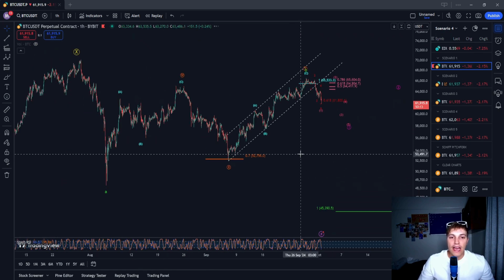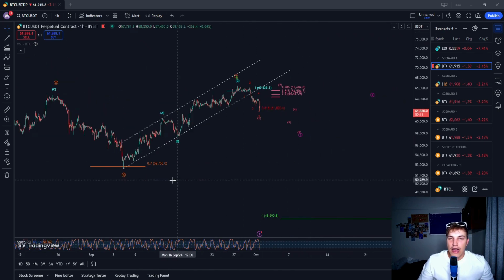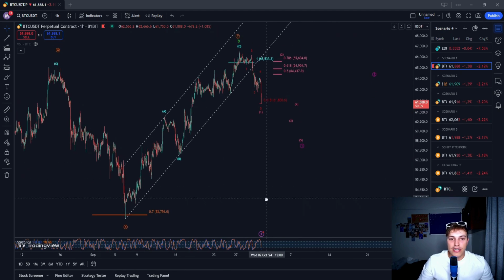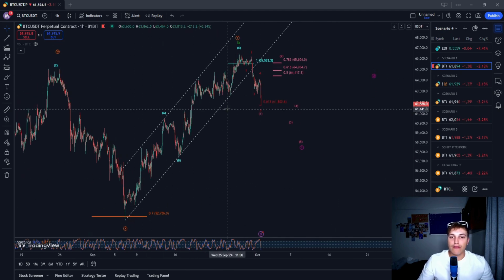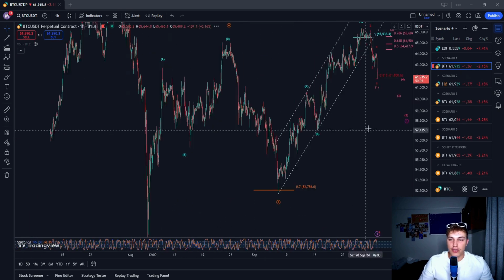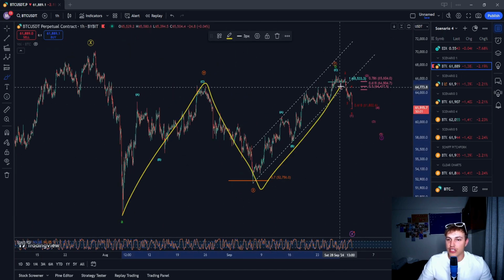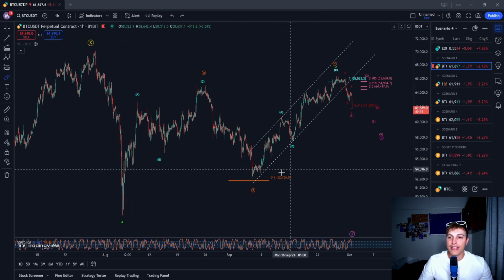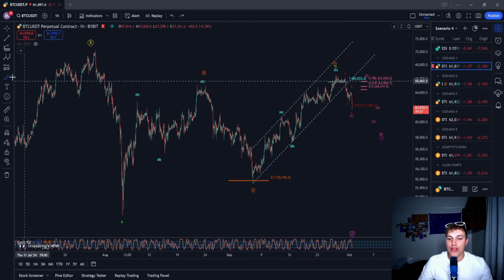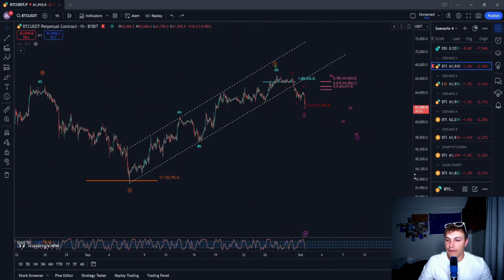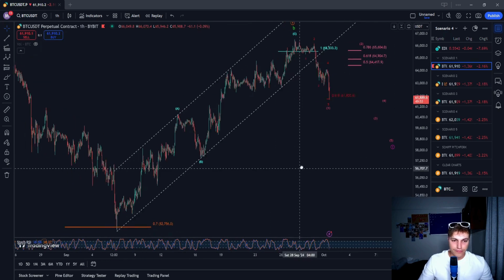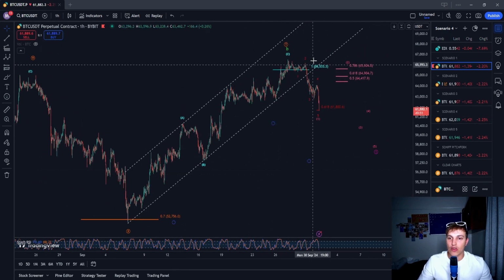So if we look here at the B wave we are currently in, the Y wave to the upside of the B. Inside this B wave we have another WXY, remember just the 3 wave structures, and then now moving in this ABC in the wave Y. If we look here, we can see that the 1-to-1 of the ABC had been touched.